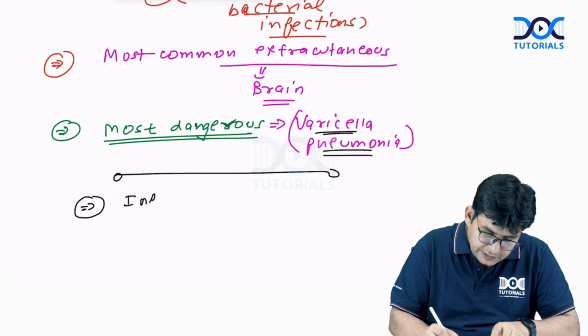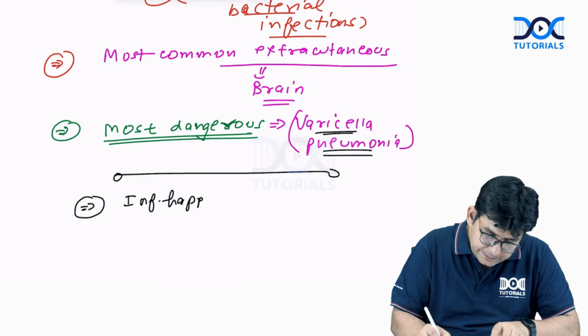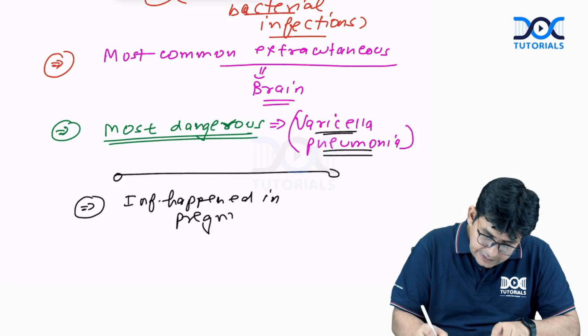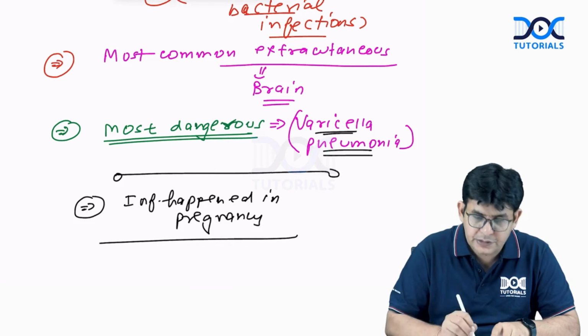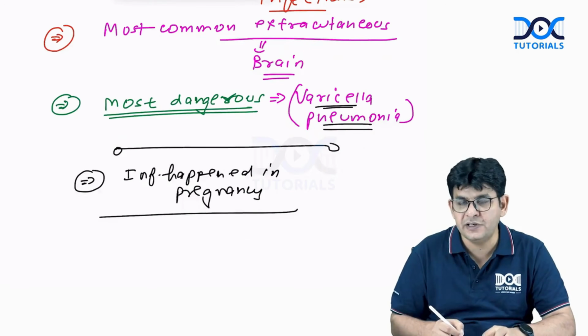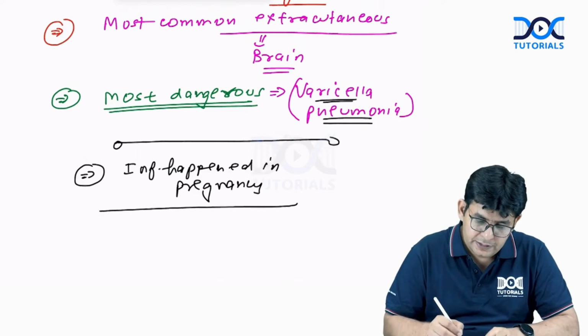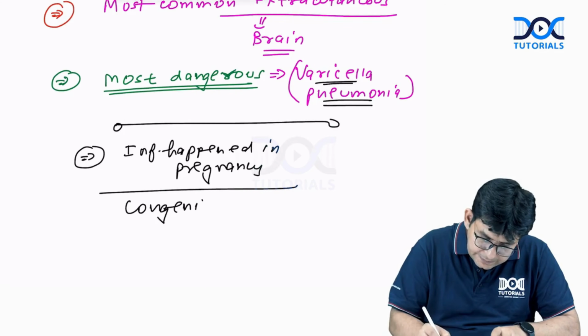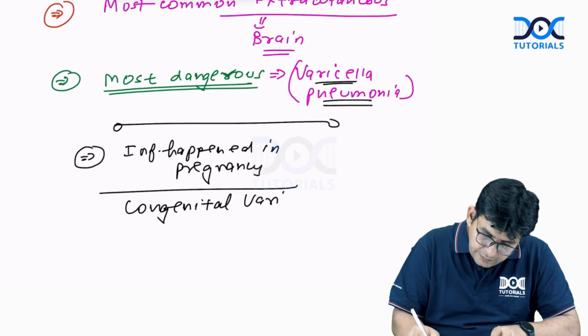Infection in pregnancy can pose a serious threat to the newborn in the form of congenital varicella syndrome.